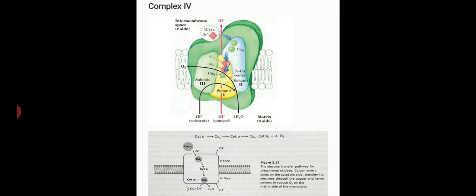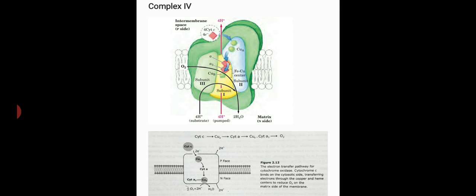Complex 4 consists of 13 subunits and contains two heme groups, that is cytochrome A and cytochrome A3, and 3 copper ions arranged as 2 copper centers.